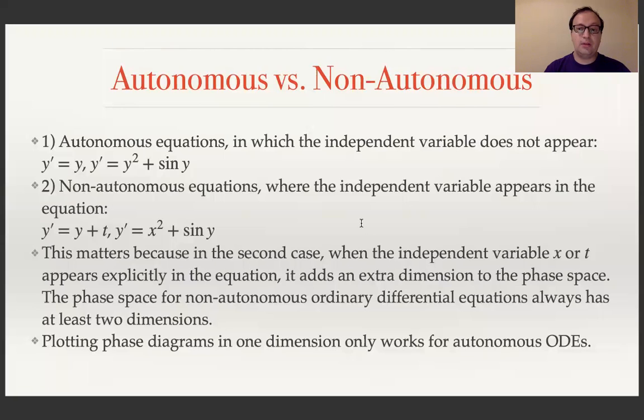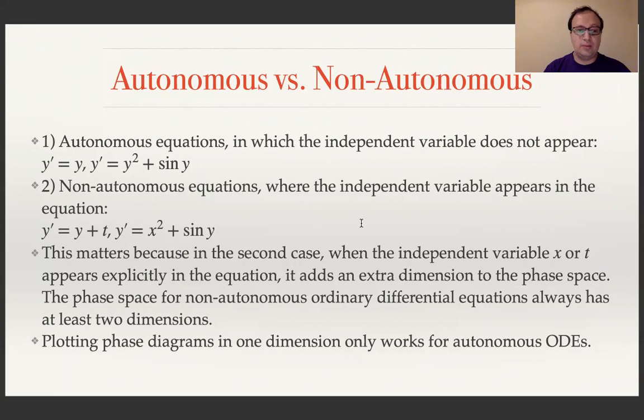It turns out that in order to do a phase space analysis of a non-autonomous equation, we need to increase the dimension of the phase space by 1. So a non-autonomous equation can be converted into an equivalent autonomous system of equations by increasing the dimension of the phase space by 1.